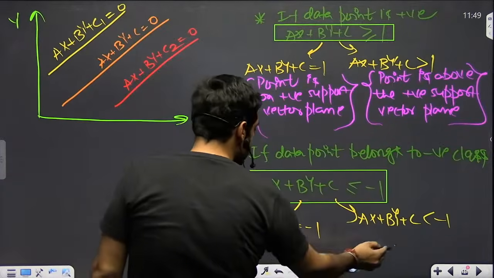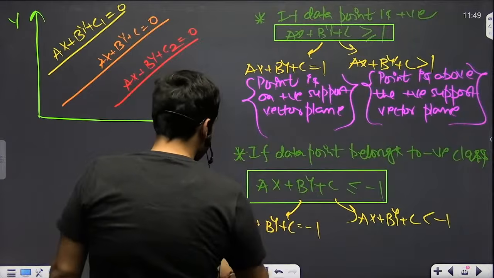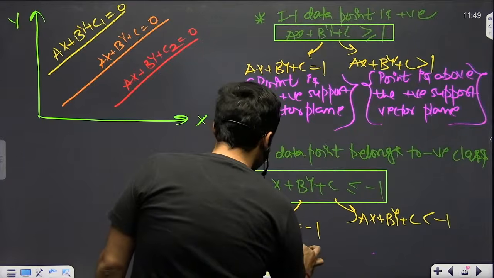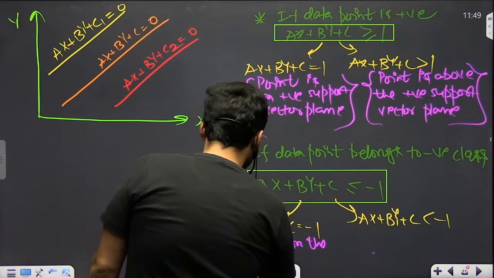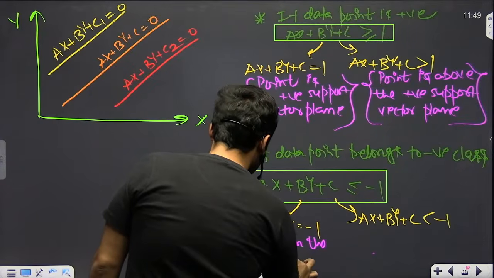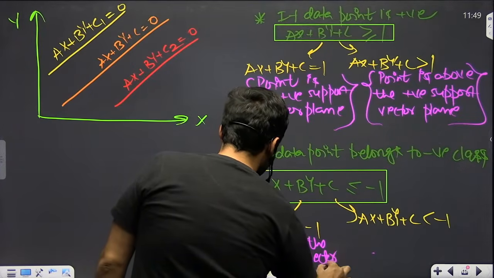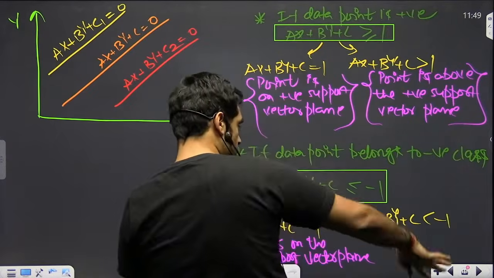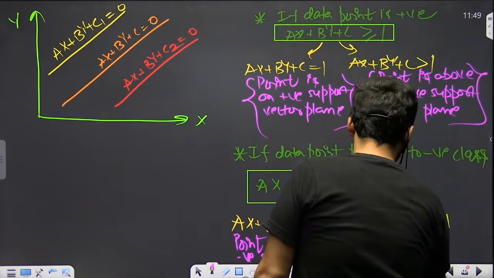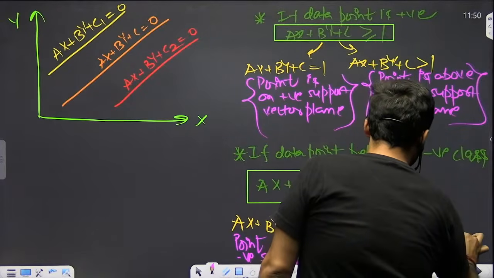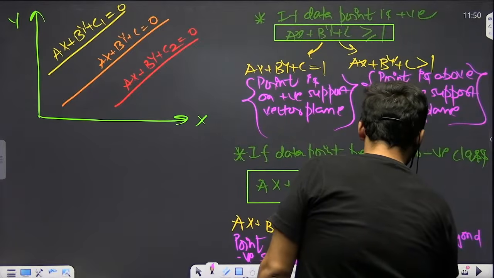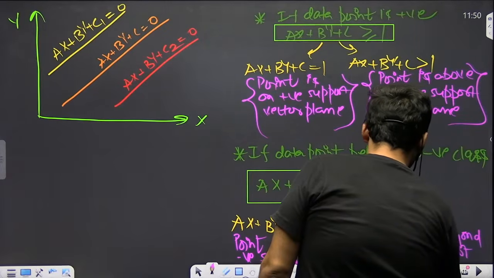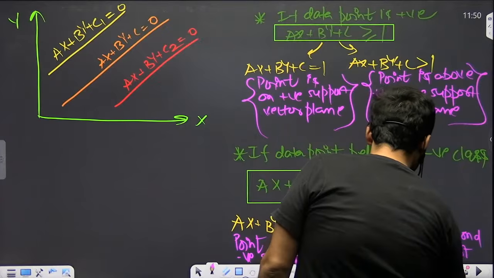So here the point is on the negative support vector plane, and here the point is below, beyond the negative support vector plane.